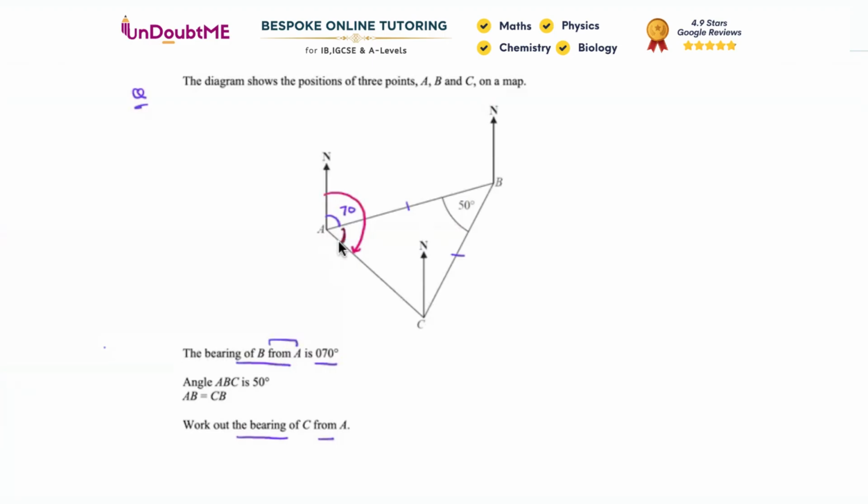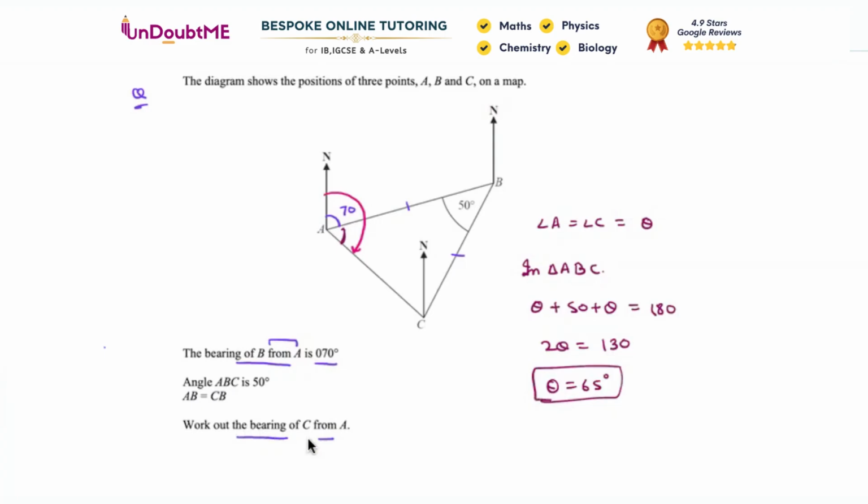In an isosceles triangle, the angles opposite the equal sides are equal. So I can say angle A and angle C will be equal, and let them be theta for a while. So in triangle ABC, theta plus 50 plus theta, the sum of three angles is always 180, and that will give me 2 theta is equal to 180 minus 50, that is 130, and that will give me theta is equal to 65.